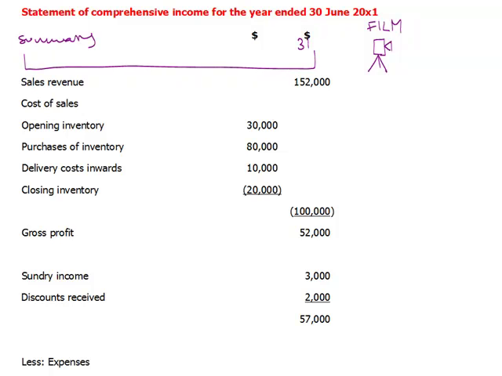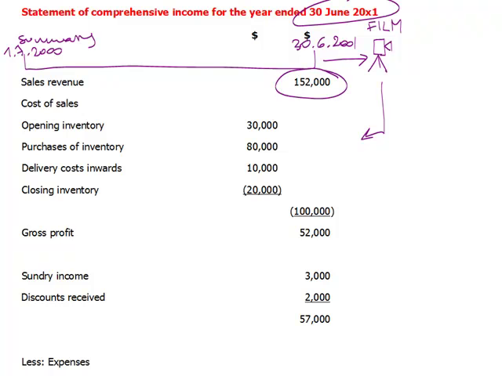So let's say this is the 30th of June 2001. So everything that happened from the 1st of July 2000 to the 30th of June 2001 is a film which is shown as a statement of comprehensive income.